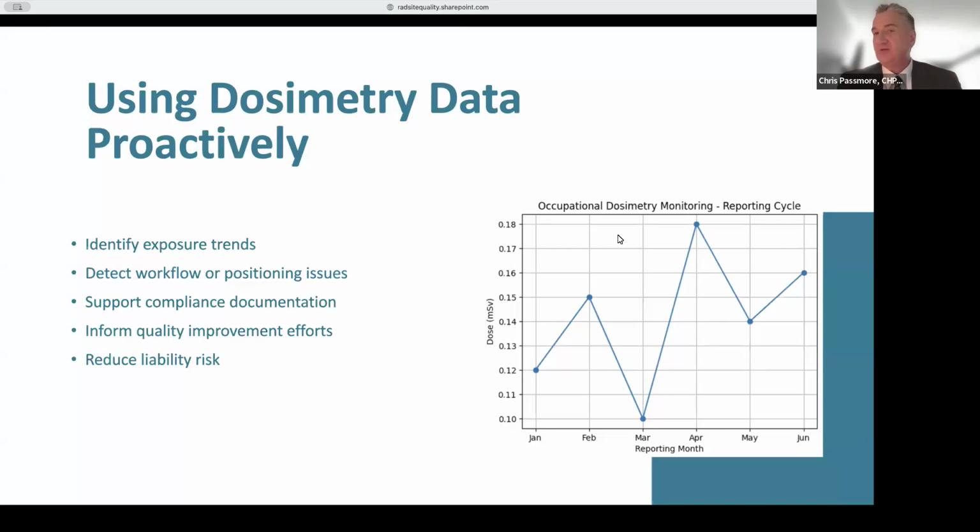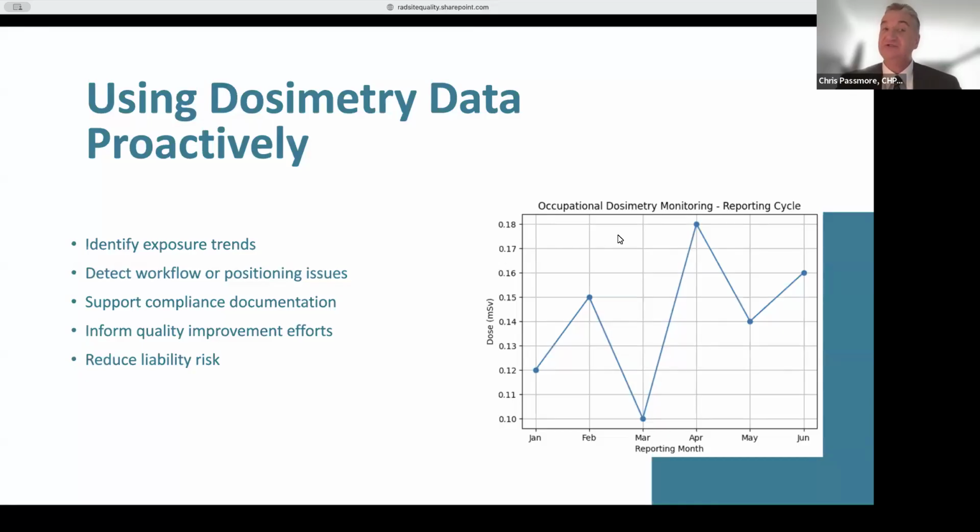Start treating it as a quality signal. To do that, track the percentage of people with measurable doses. Investigate anything that's abnormal, a spike over baseline. Let's say you normally run at about 20 milligrams. Now you see somebody at 100. What's going on? Investigate that. Don't just say, oh, we're still below the limit, and continue on.